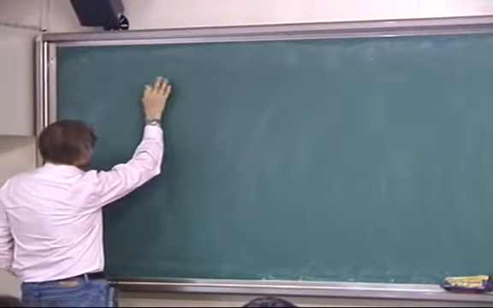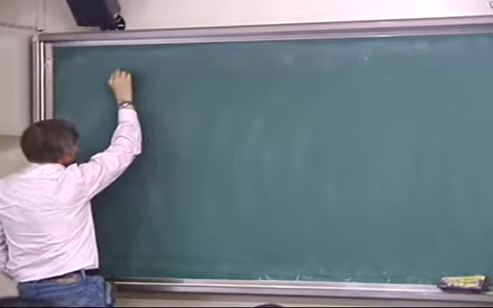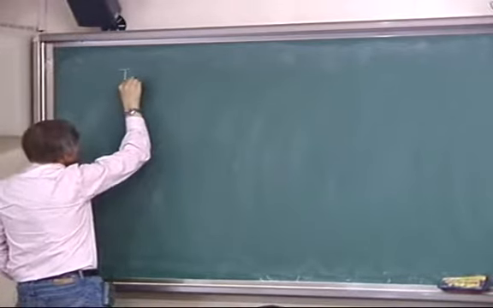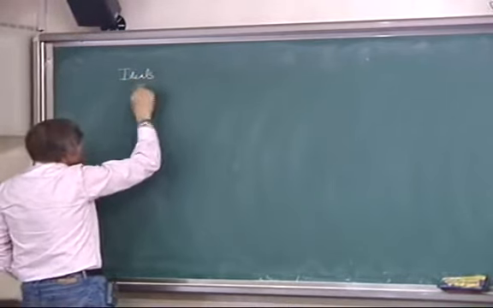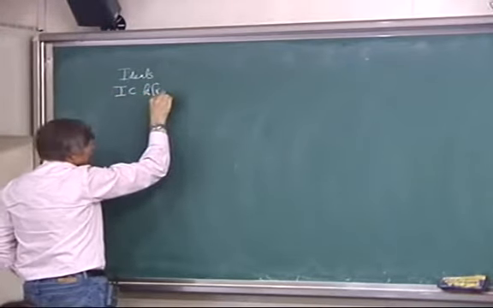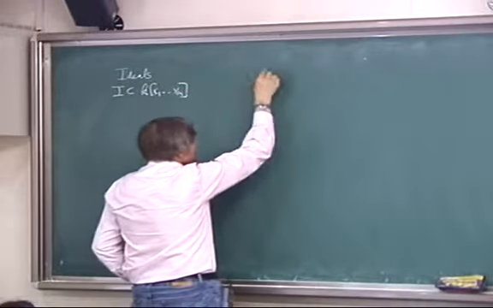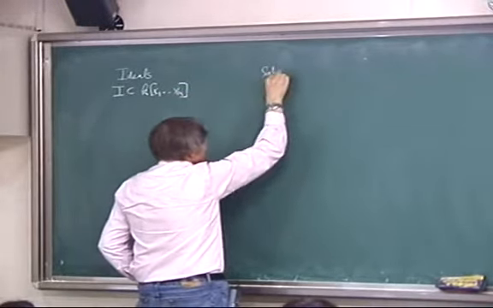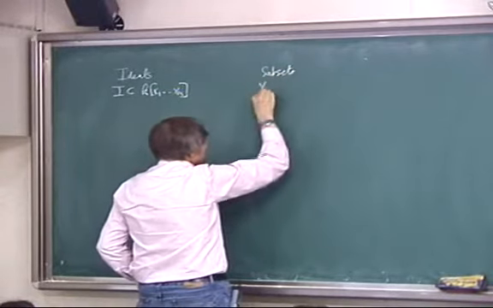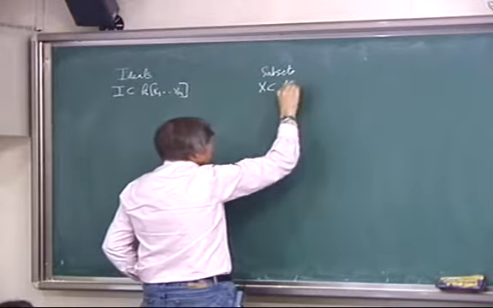A standard setup of algebraic geometry. So namely, I have ideals I in the polynomial ring K[x1, ..., xn], and over here I have subsets X in A^n(K).